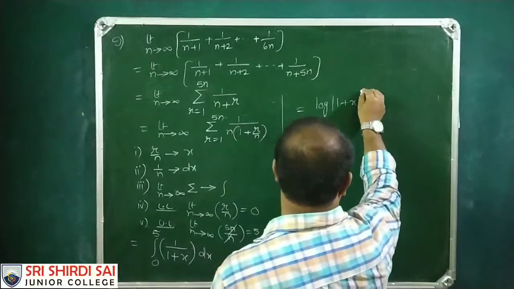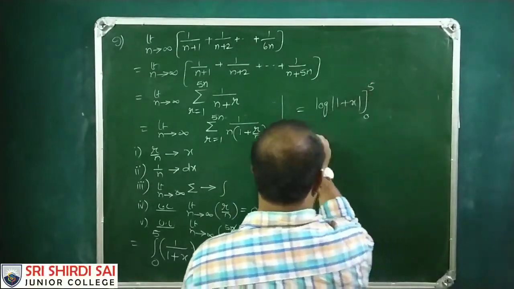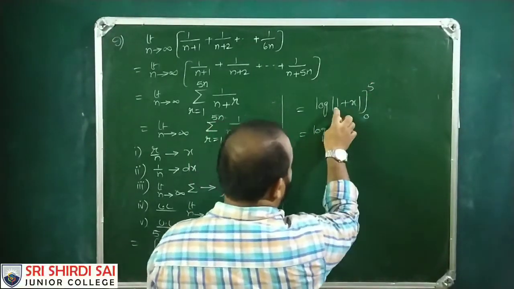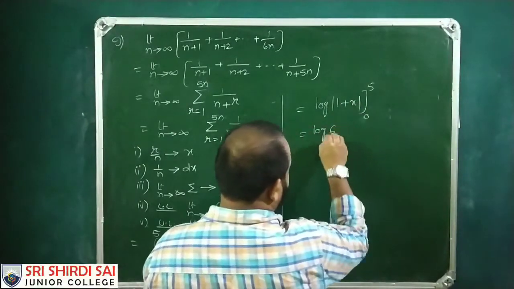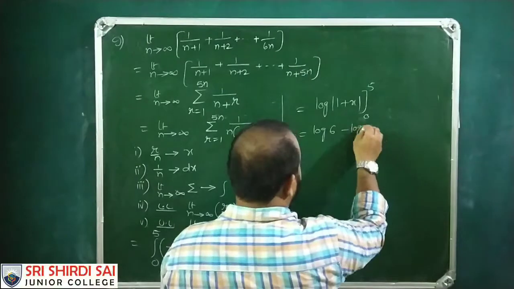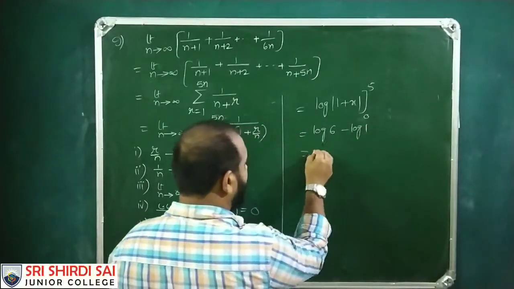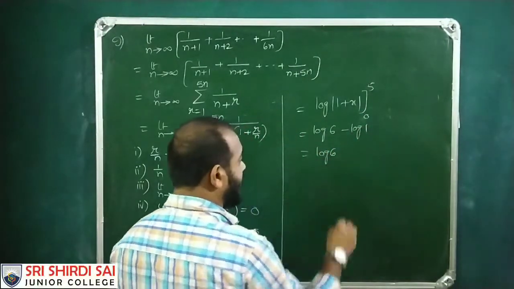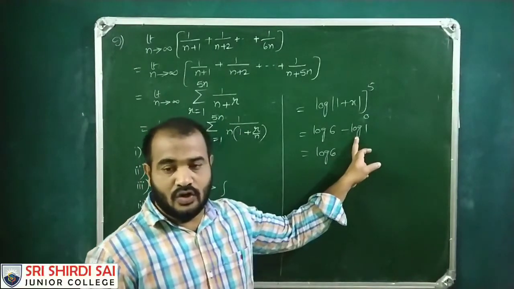So this process is over. 0 to 5 is to be written here. So log 1 plus 5 is 6 minus lower limit log 1 plus 0 is 1. So log 6, because log 1 value is 0.